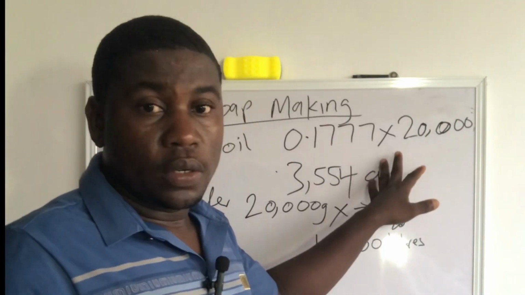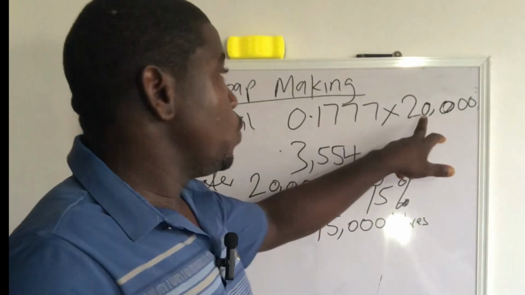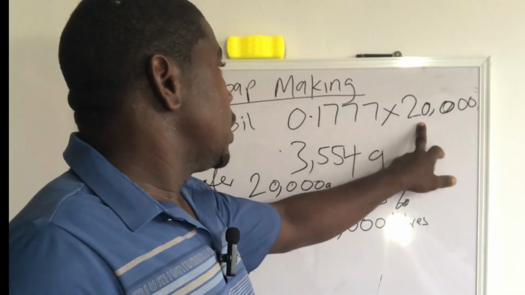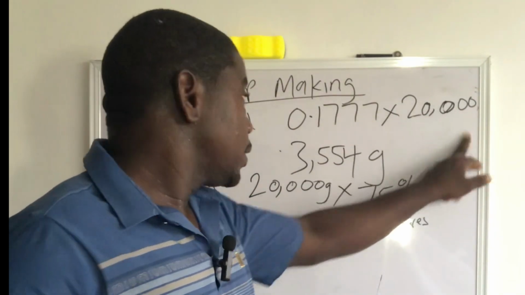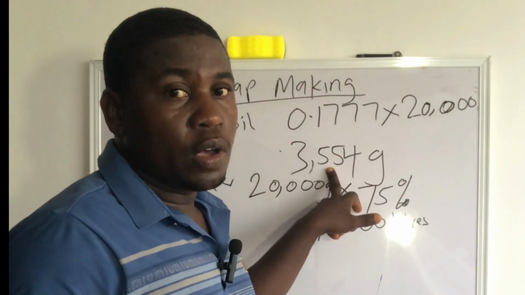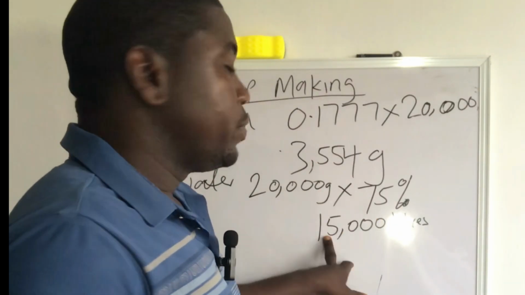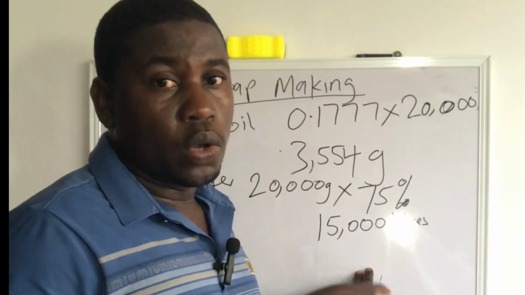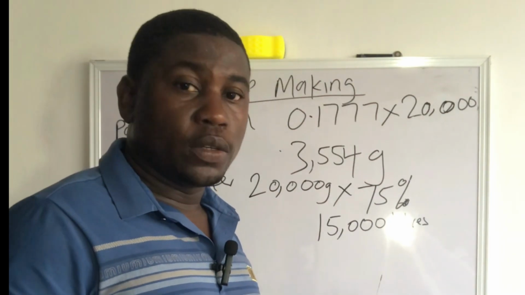So for this production, we are going to be using 20,000 grams of oil, 3,554 grams of caustic soda and 15,000 grams of water.